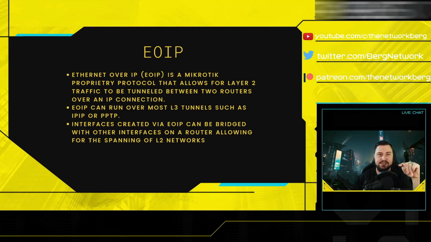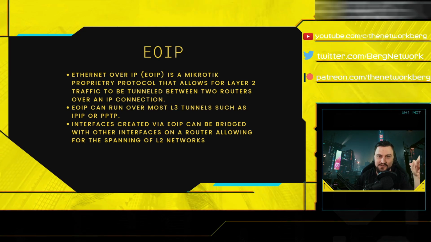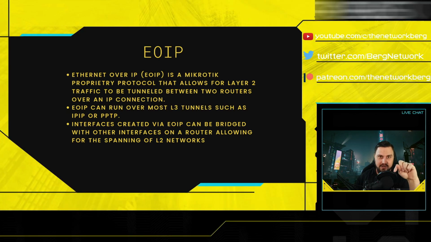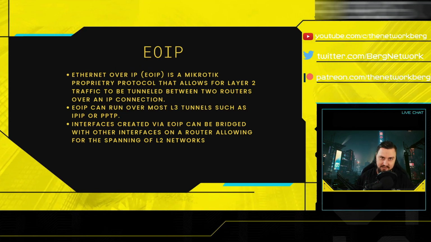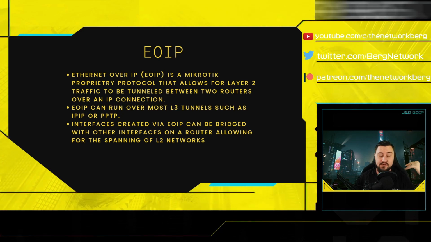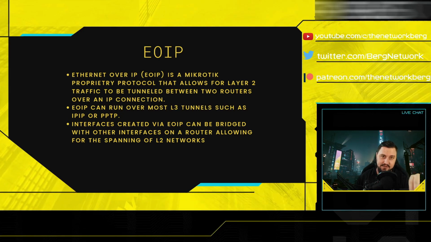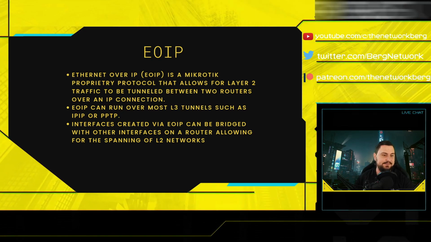So what you could imagine is the routers effectively become two switches almost, and you are able to bridge an EOIP interface with an actual interface on the router, and then these devices can communicate as if they're in the same broadcast domain. And this will make a lot of sense when we actually go into the lab and configure this, so that you can see what this does and how it works.